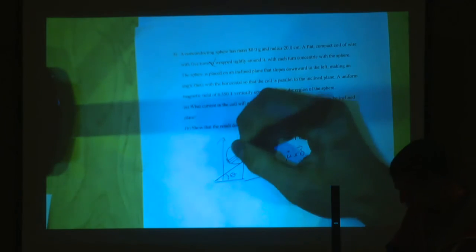And I just use cross products because that insinuates perpendicularness or orthogonality. So what would be the lever arm for the sphere? The lever arm for the sphere would be its radius, because we'll pull it down, okay?